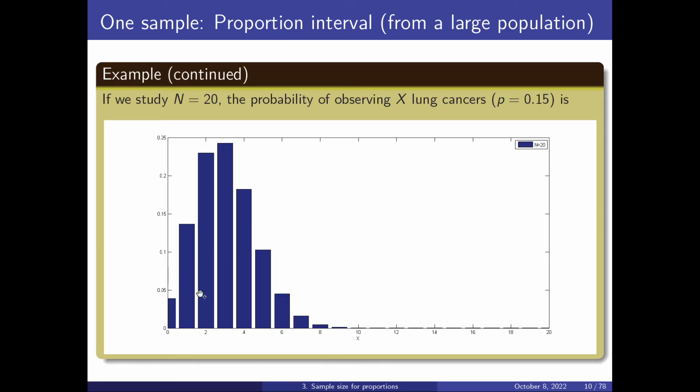The most likely value is 15% of 20, that is 3. But it wouldn't be unlikely to observe values between 1 and, let's say, 6, even if the true proportion is 15%.